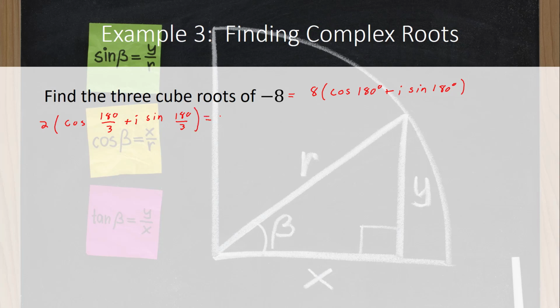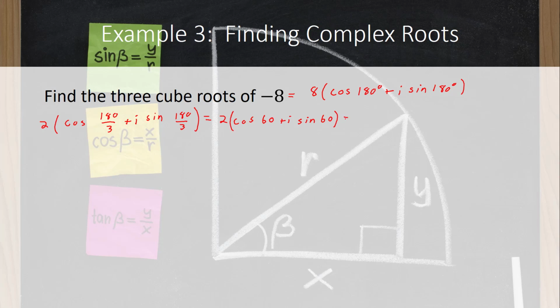That is going to give us 2 times the cosine of 60 plus i times the sine of 60. Let me close the parentheses here.